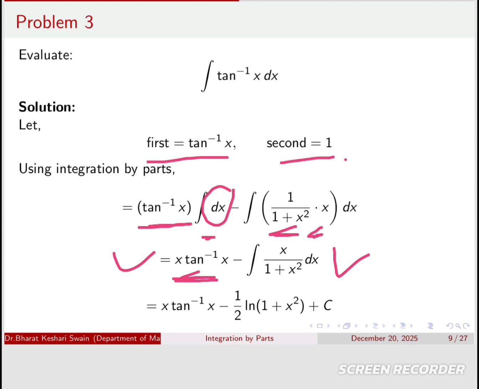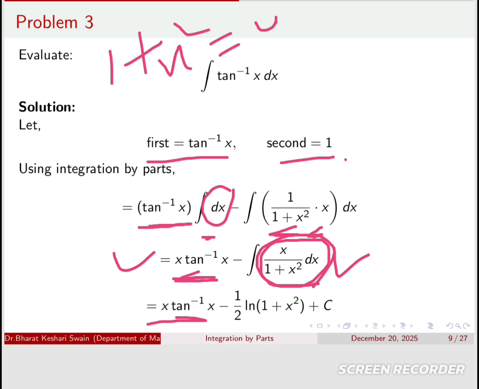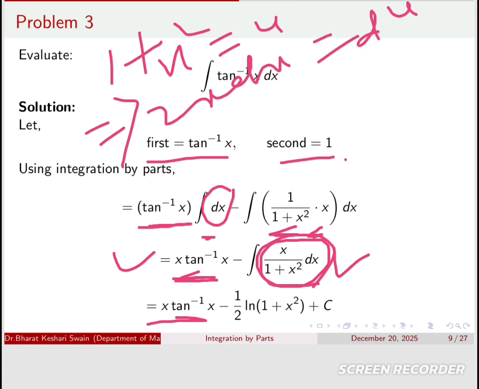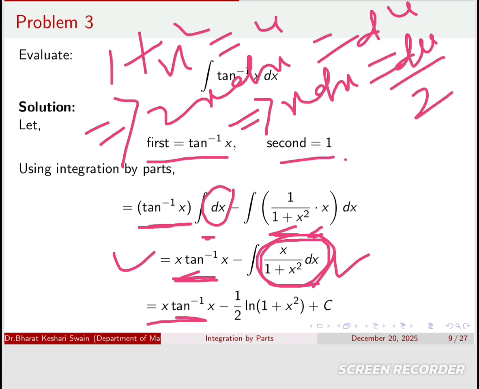Now see here, this part is already solved, but here this is an integration which can be solved by using the substitution method. How? Just put 1 plus x square equal to u. Then 2x dx will be du, so x dx will be du by 2.